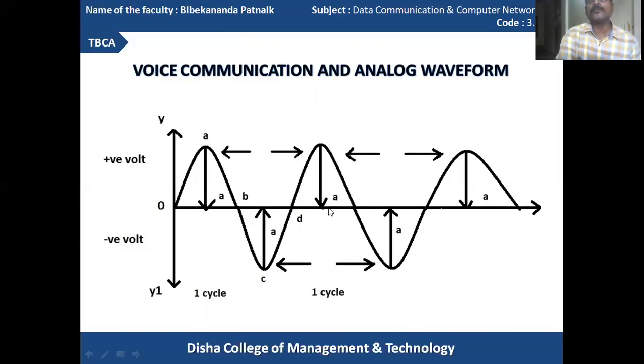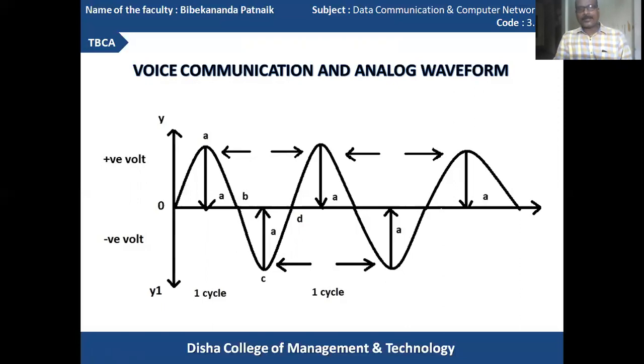Every individual waveform or voice form normally starts from 0, then reaches a peak, and after that falls down. This is called the plus voltage, that is the pulse, and this is normally called the minus voltage, that is the negative voltage, going from 0 to plus 9 and 0 to minus 9.